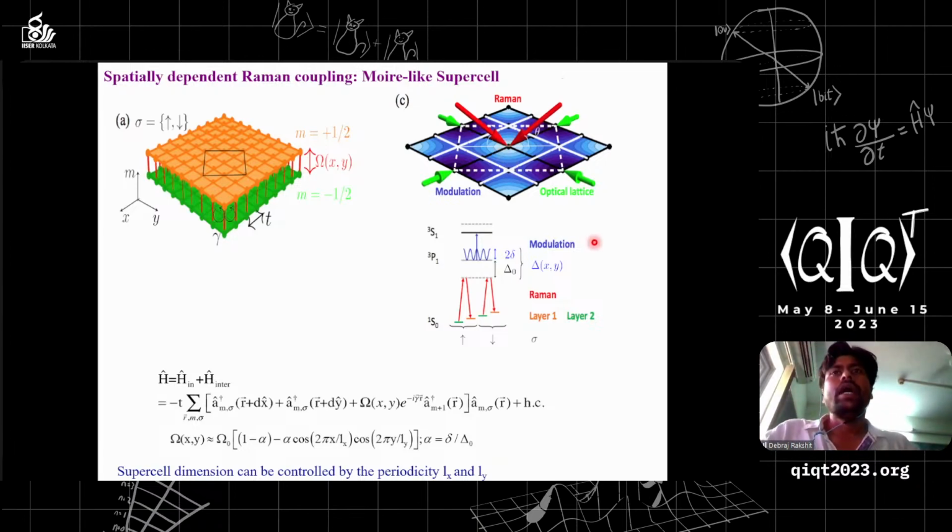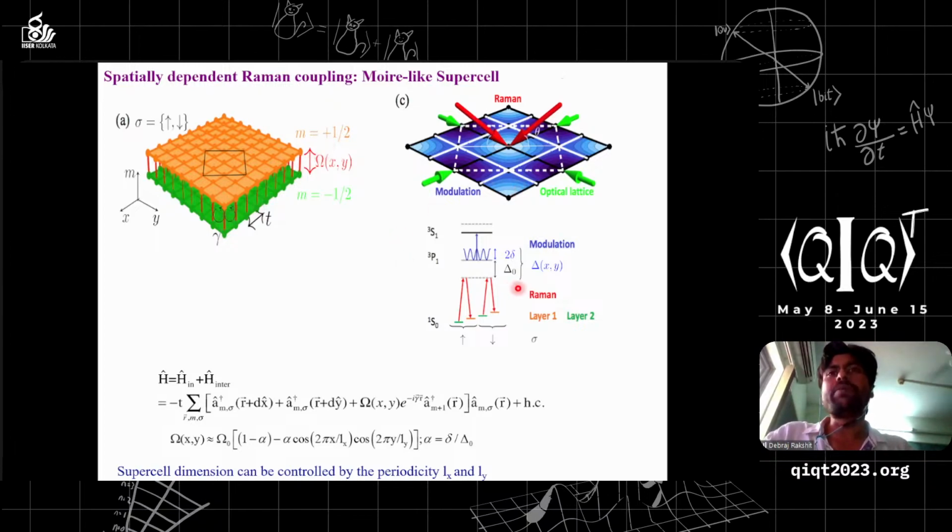And then what more do you need? We said that we need a spatial modulation in interlayer tunneling. What is our interlayer? Our interlayer is this tunneling between different internal states. So we want a spatial modulation in that.